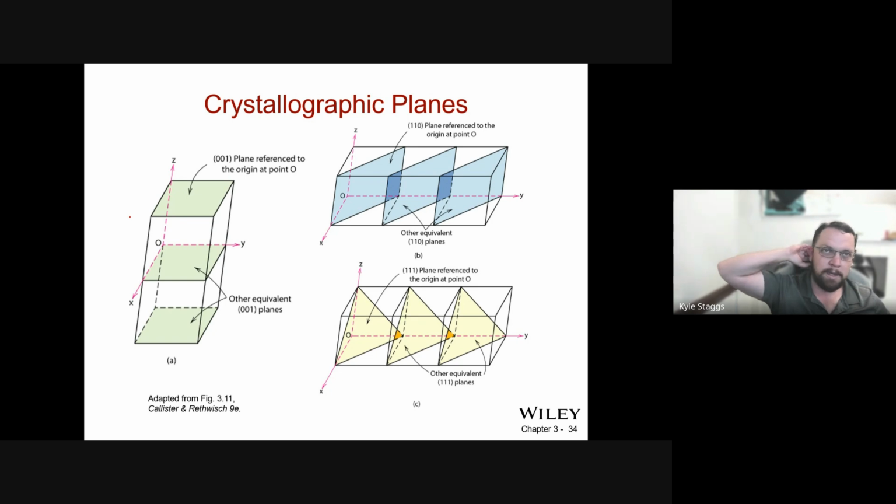The 111 plane is triangular, and if you think about it, the way that safety glass, for instance, breaks. When your car windshield or a car window breaks, they typically make small squares.